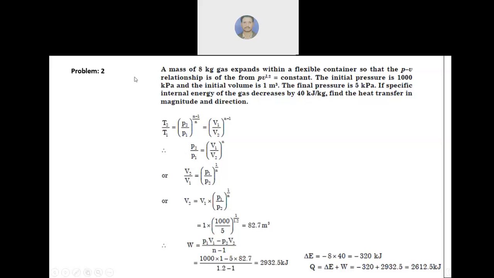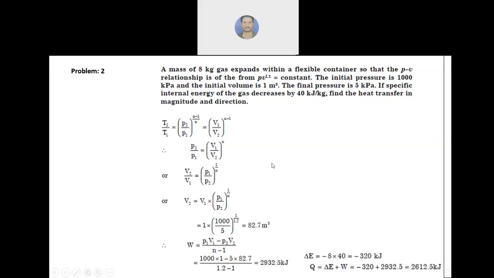Mass is 8 kg, so 8 into minus 40 gives delta E. Put this value of delta E and W here and solve, you will get Q equals this much. This is your heat transfer, its magnitude, and it is in the positive direction.